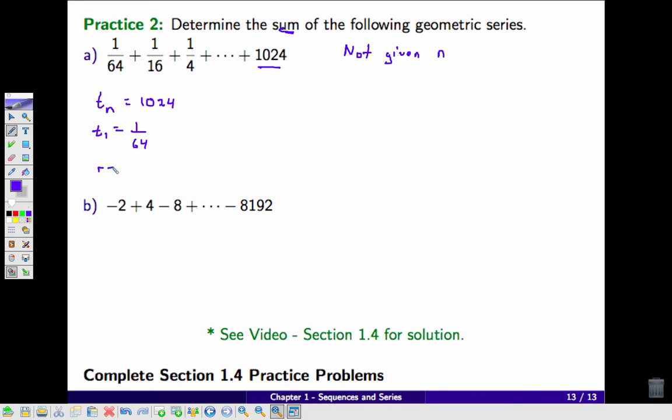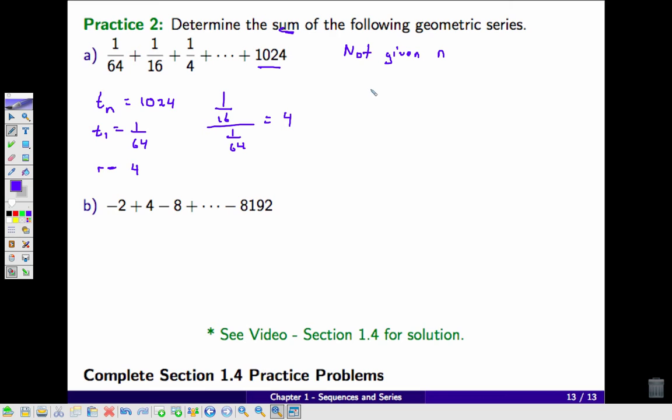It's 1/64. r is going to be 1/16 divided by 1/64, which will come out to be 4. I believe that is. Yeah, 64 divided by 16 at the end of the day. The computation is as such, though. That's what you have to do. Which will come out to be 4.